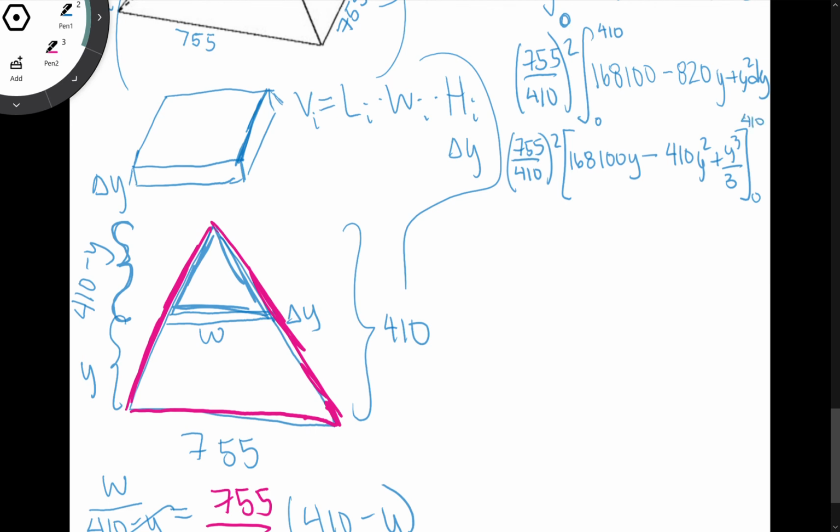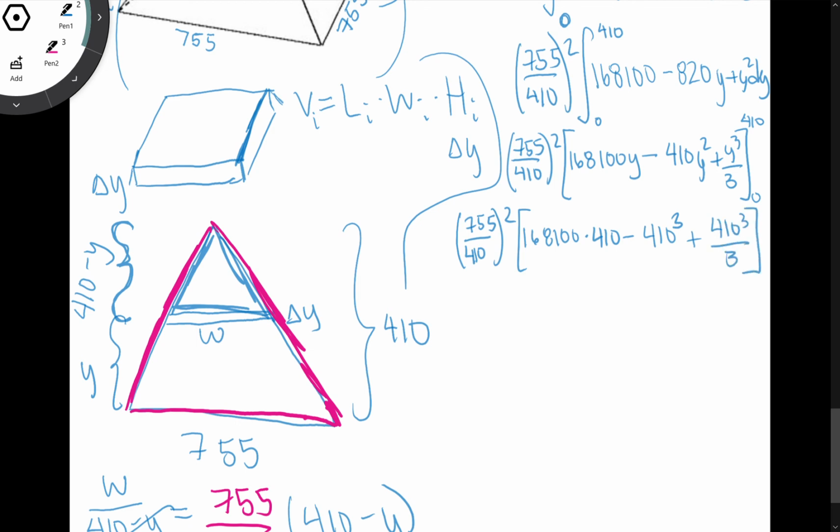Good news is when I plug in the 0, that's just going to give me 0. So I really just have to figure out what I get when I plug in 410, and we hope that my calculator skills are trusty. We know they're not always. 168,100 times 410 minus 410 times 410 squared, so 410 cubed, plus 410 cubed over 3.